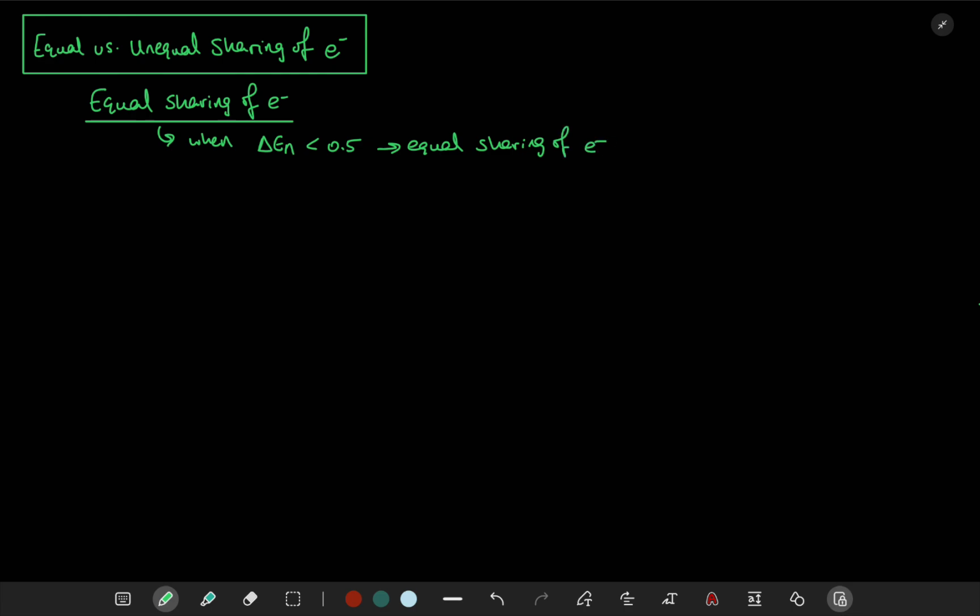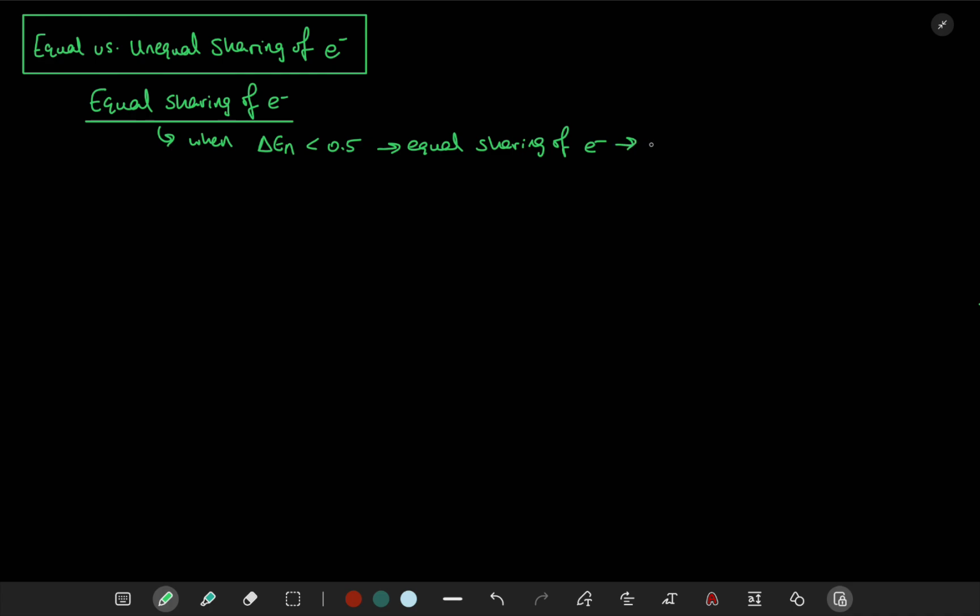Well, that's because, like we said, electronegativity is essentially the attractive force that the nucleus of an atom exerts on the electrons of another atom, right? And so if the difference in electronegativity is very small between two atoms, that means the attractive forces that each of them have on the other one's electrons are going to be fairly the same, right? So if the difference is not that high, the attractive forces are going to be the same, and so both nuclei will exert similar levels of attractive force on the bonding electron pair.